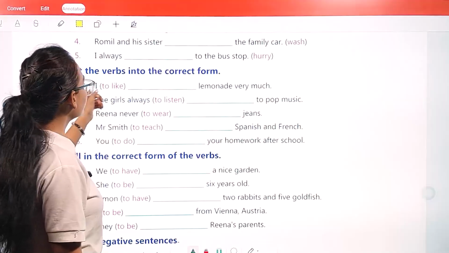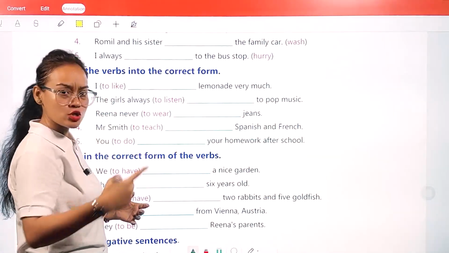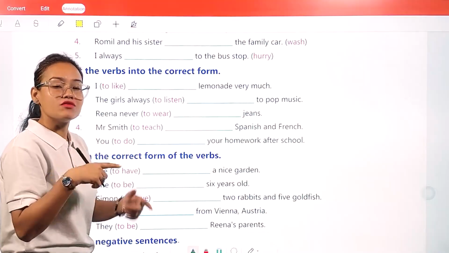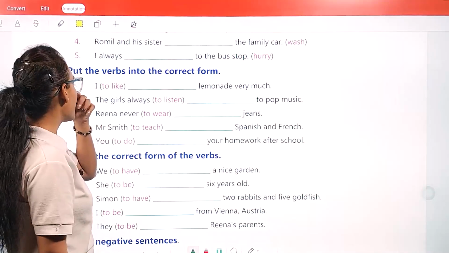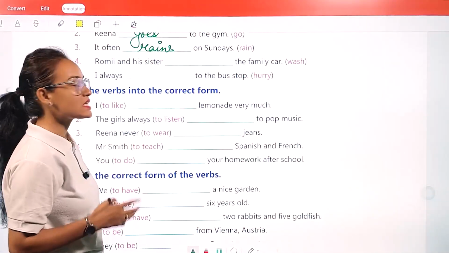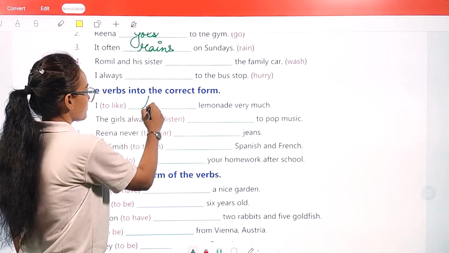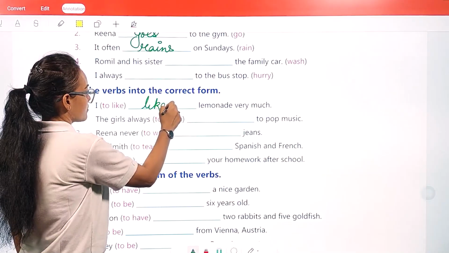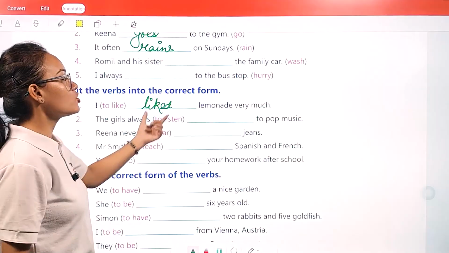Now B, put the verb into the correct form. Here, my dear students, the verb words, meaning action words, are written in the brackets. We are going to write the correct form of them in the blanks. I dash lemonade very much. I like lemonade very much. Then, the girls always dash to listen to pop music.